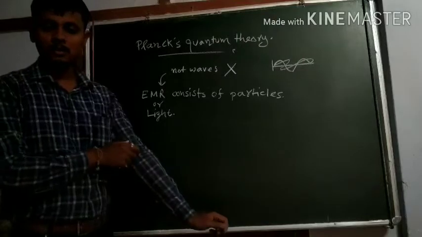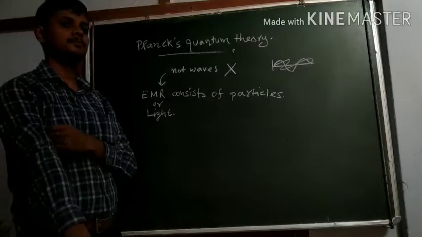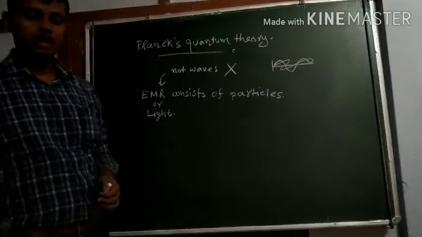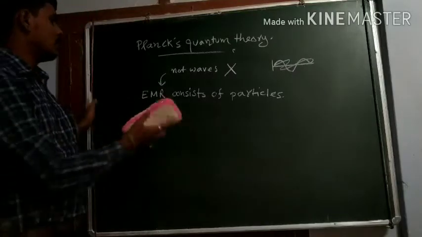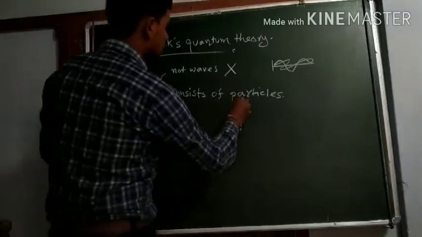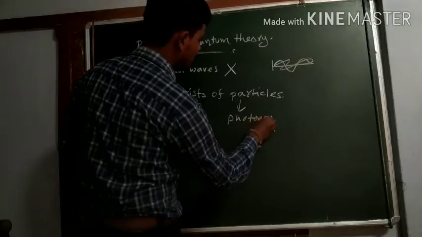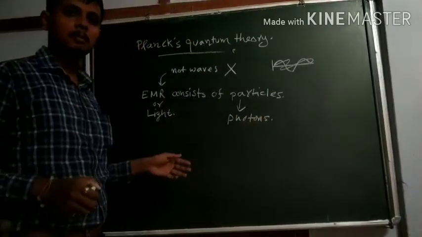Okay, so electromagnetic radiations consist of particles. Now, these particles are called photons.